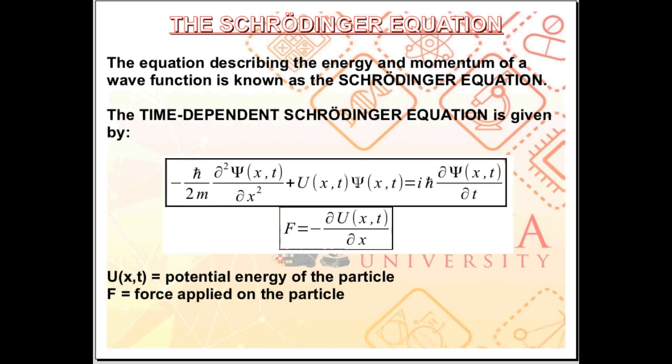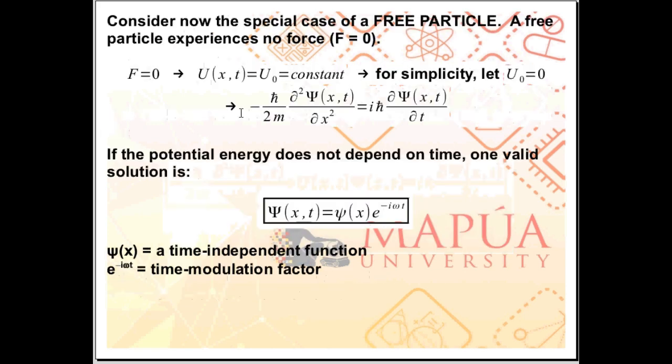We get the following equation. Negative h bar over 2m, double partial differentiation of psi with respect to x is equal to i h bar, partial differentiation of psi with respect to time.